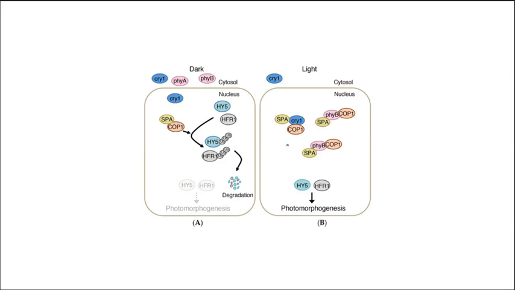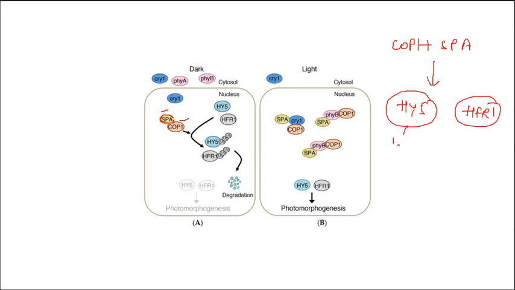Here what we see is that COP1 interacts with a protein named SPA. So when COP1 interacts with SPA, what happens? They add the ubiquitin tags to HY5 and HFR1. Okay, they add the ubiquitin tags to these proteins. So what happens to these proteins? Multiple ubiquitin tags are then added, as a result of which these proteins are degraded.